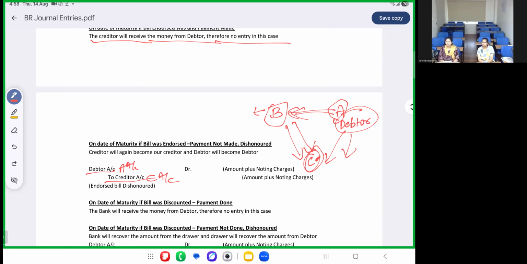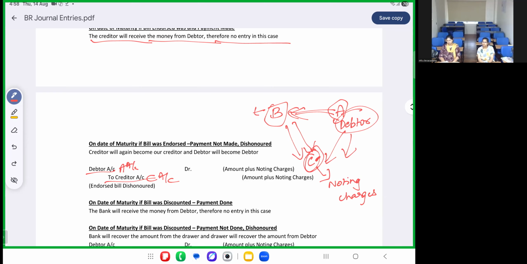Now, in that case, the creditor C should have paid noting charges because it is dishonored. C will recover the noting charges from us, because he is not supposed to pay them. Why should C pay noting charges?